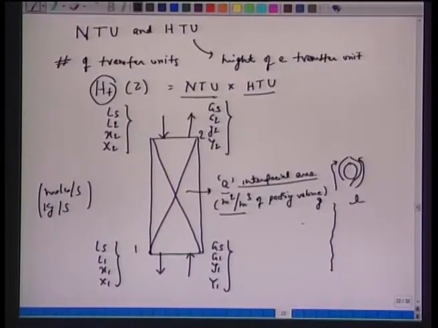Recall the concept of bulk, film, concentration drop, interfacial concentrations, and then we have the bulk concentrations. So, we can have y, x, two bulk concentrations at any location, and we have yi and xi, and they are related through equilibrium or thermodynamics. So, these are the four at any location.